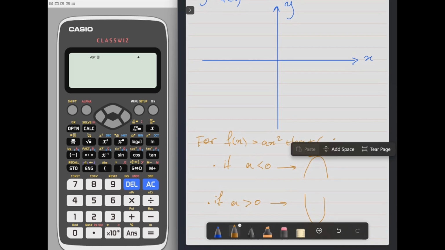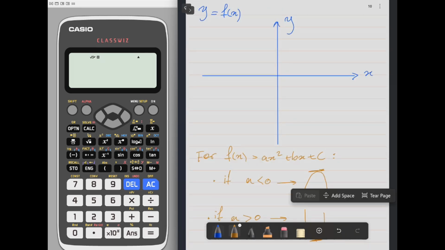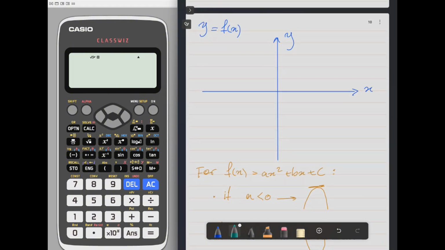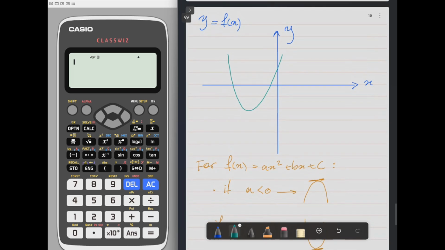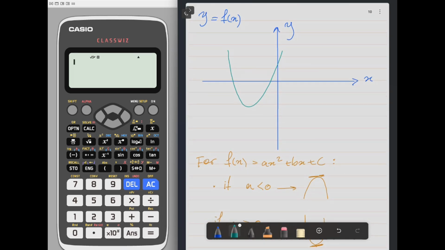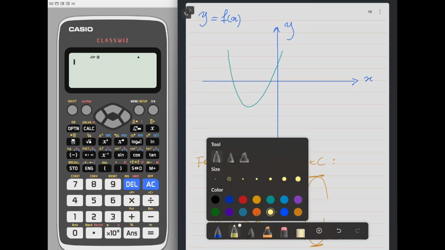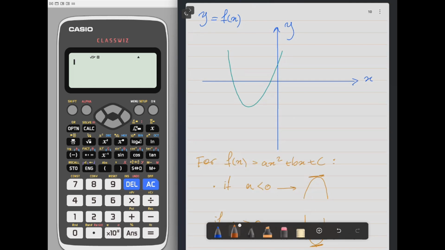So I'm just gonna write it in 2 cases. This is going to be my graph for a greater than 0, and this is going to be my other graph, let's write it with orange, for my a less than 0.